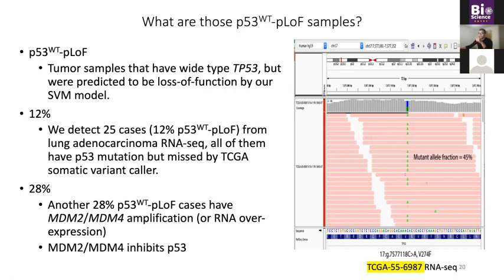If you know P53, these two proteins are the P53 upstream regulators. They repress P53 function. So if these genes get amplified and activated, then the P53 protein function will be significantly repressed. But in addition to this 12% and 28%, there are the remaining 60%. We don't know. Maybe for other epigenetic reasons, this P53 has lost function.